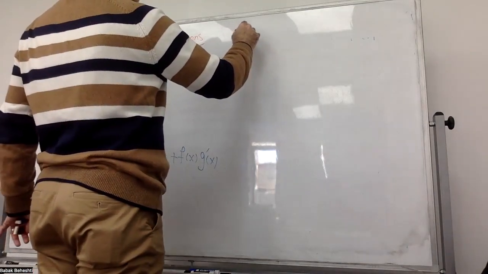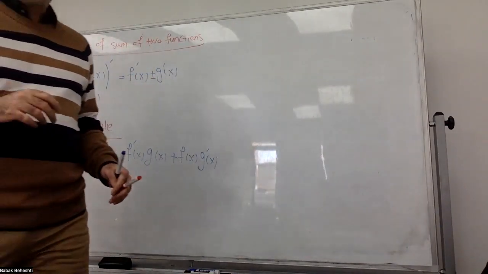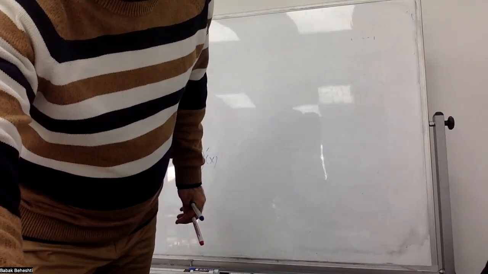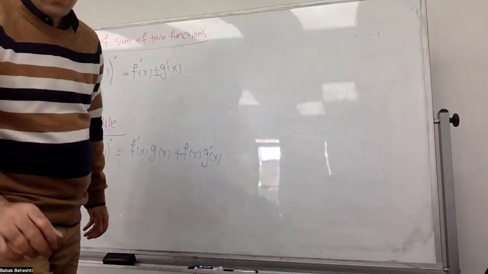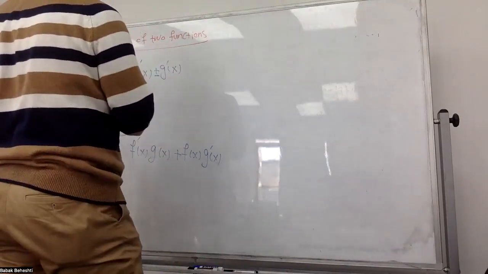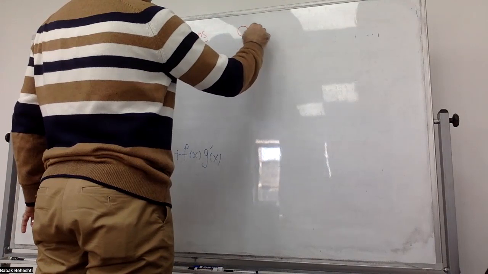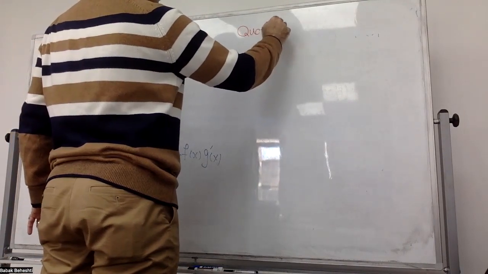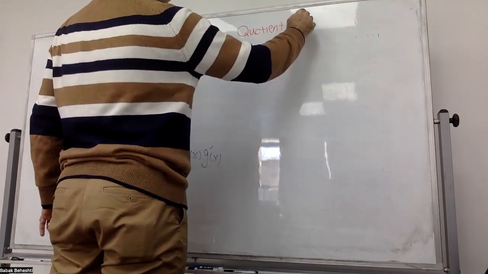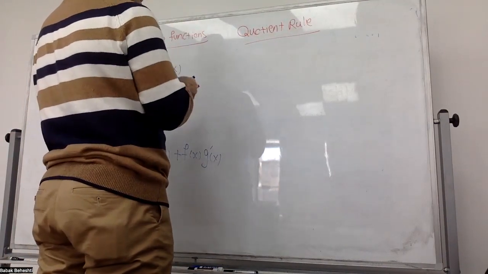And the last thing is the quotient rule. That is the derivative of the quotient.